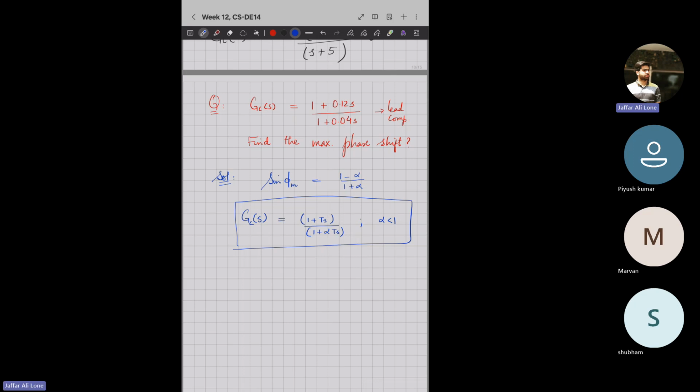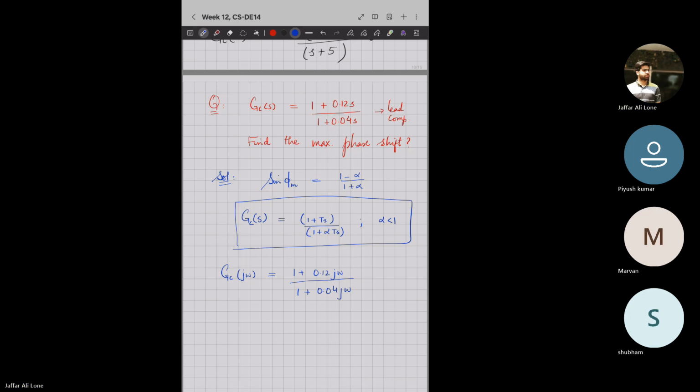So what is our transfer function? I'll directly write S as j omega. So GC is 1 plus 0.12 j omega divided by 1 plus 0.04 j omega. Now let's compare.